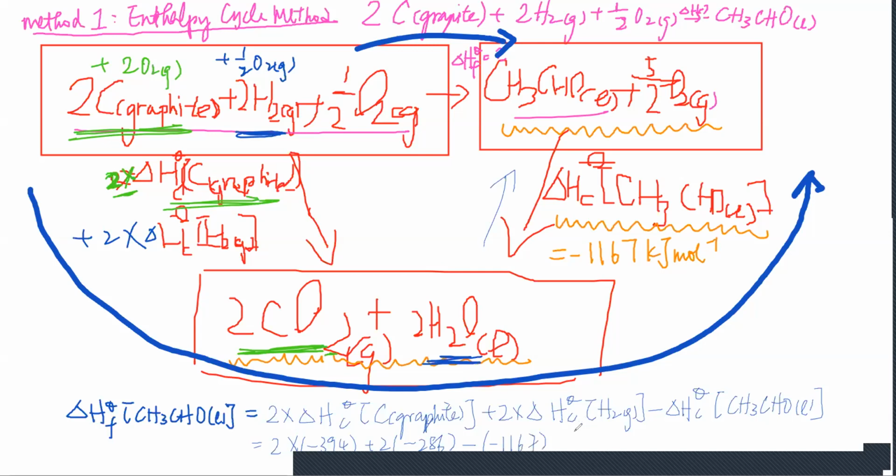So what you will get is minus 193 kilojoule per mole. Okay, so this is the answer.